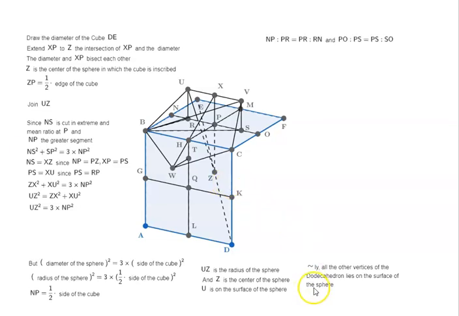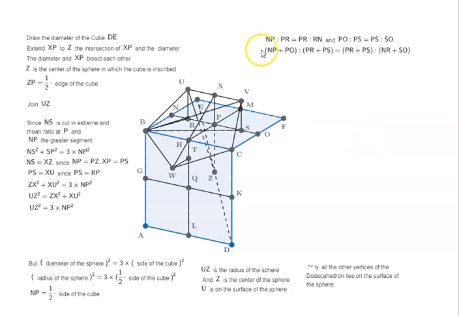What do we have to prove? We have to prove that the side of the dodecahedron is an apotome. So for that, let's proceed. NP is to PR as PR is to NR, and PO is to PS as PS is to SO, because they both have been cut in extreme and mean ratio.